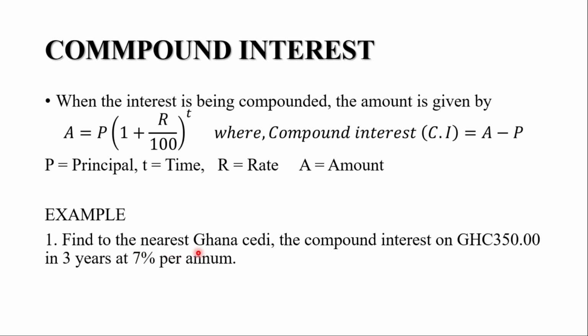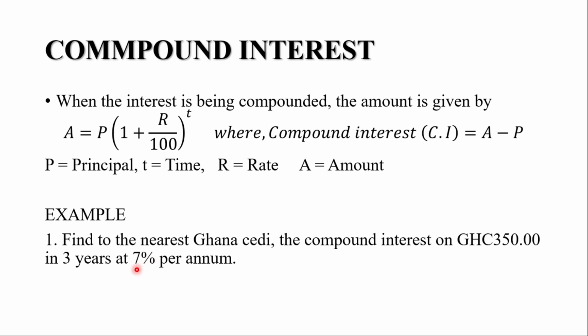Find to the nearest Ghana cedis the compound interest on 350 Ghana cedis in 3 years at 7% per annum. A man has deposited 350 Ghana cedis in the bank for 3 years, and the rate is 7% per annum.